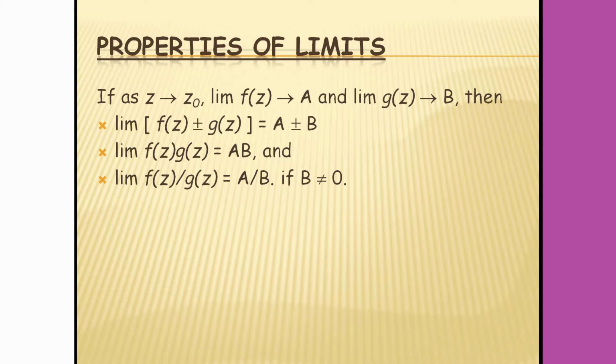Then it satisfies the following properties. 1. The limit of f of z plus g of z is a plus b, or we also say the limit of f of z plus the limit of g of z, we write it as a plus b. In the same manner, the limit of f of z minus g of z is equal to the limit of f of z minus the limit of g of z, or we can write it as a minus b.